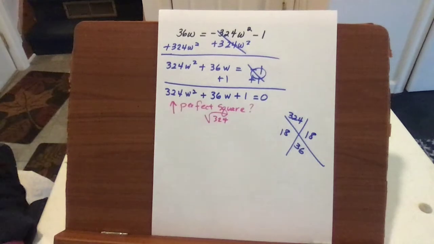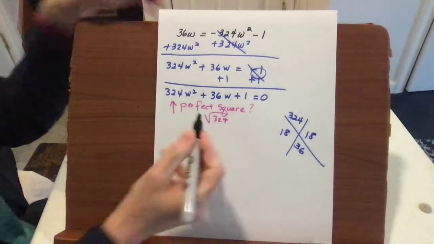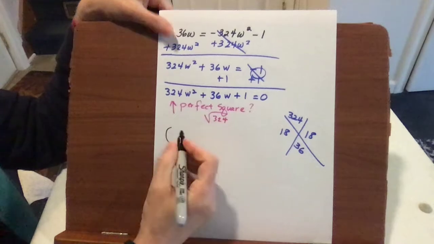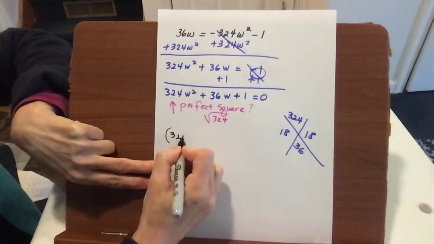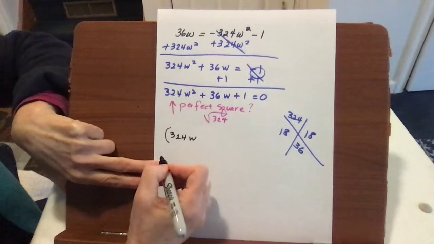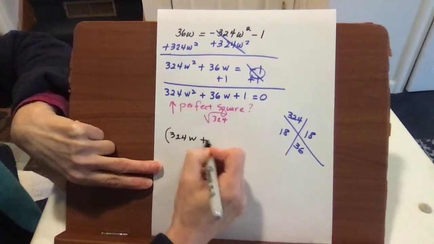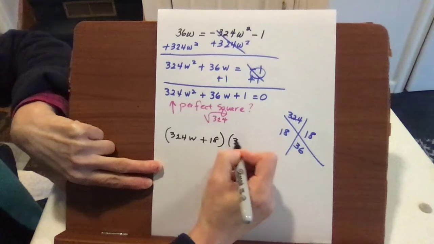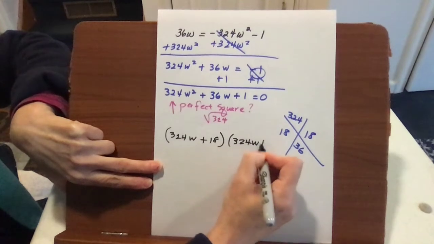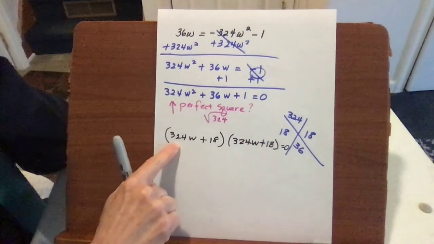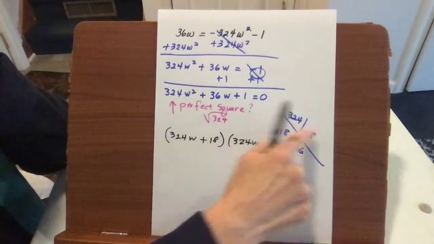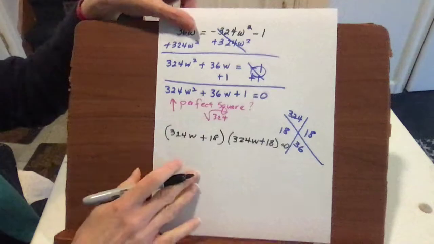All right, so now we're going to build our factors. So 324w, it's a large number, I know, plus 18. And 324w again plus 18 equals 0. Now, we already know that 324 is divisible by 18 because we just did that. 18 times 18 is 324.